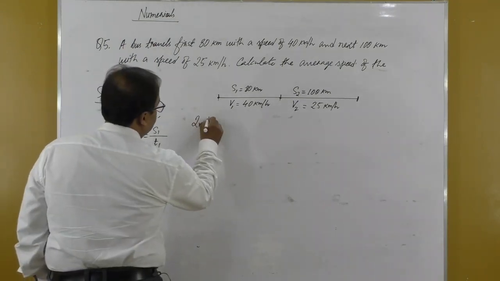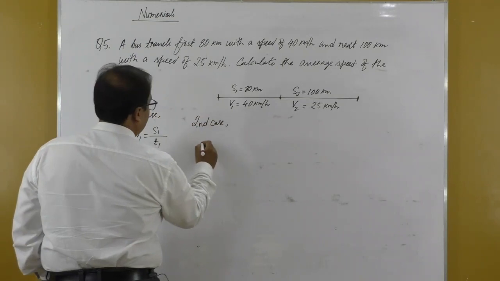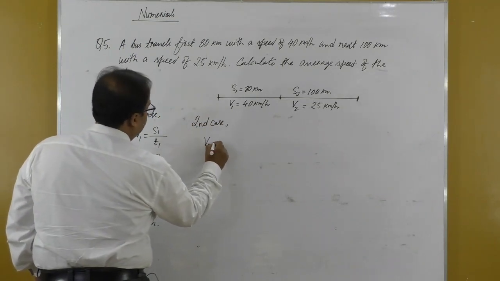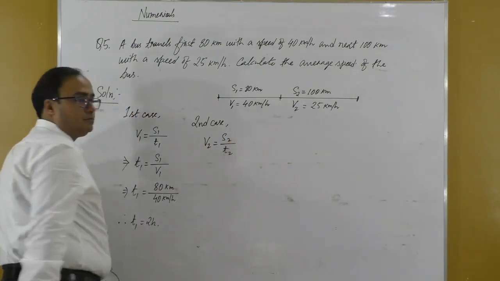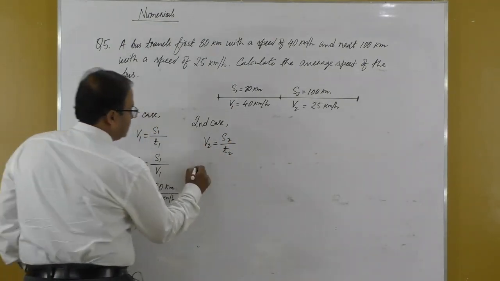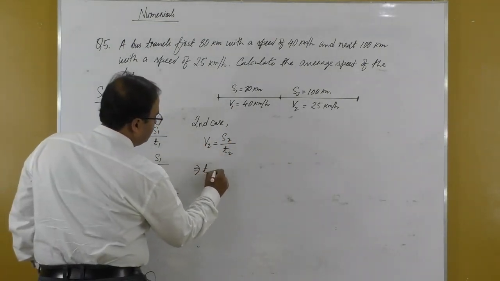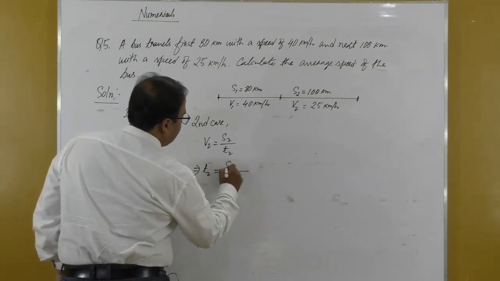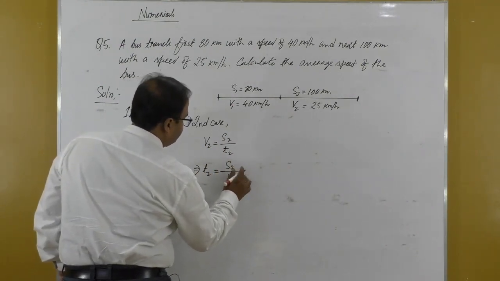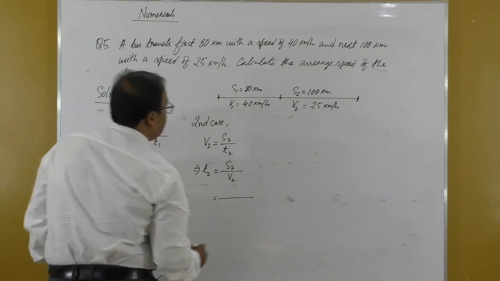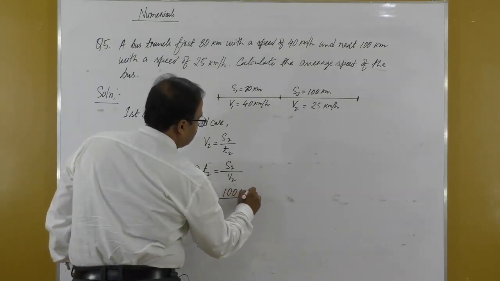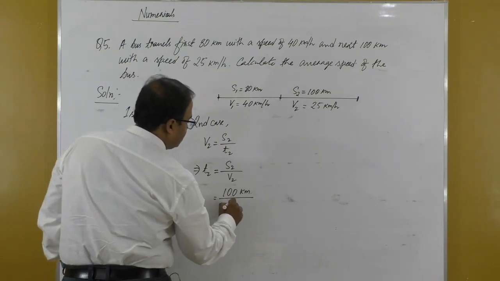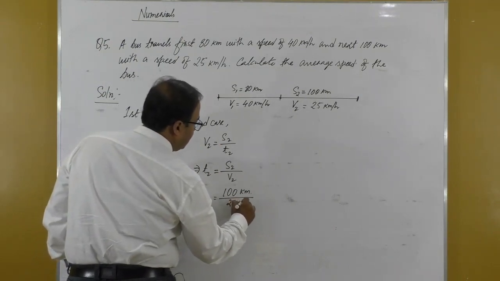Second case, we can write V2 is equal to S2 by T2. From this we can find out T2. T2 is equal to S2 by V2, and S2 is 100 kilometer and V2 is 25 kilometer per hour.